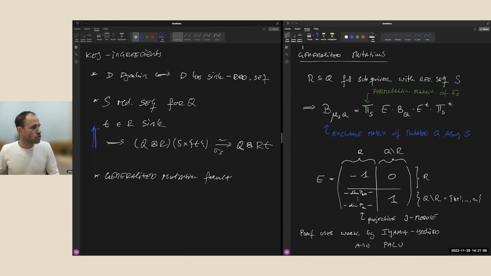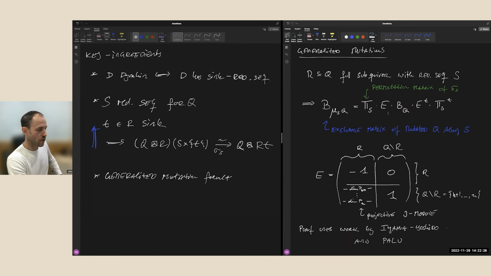So the generalized mutation rule looks as follows. We consider a quiver R, a full subquiver of a quiver Q with reddening sequence S. And then if B denotes the exchange matrix of the original quiver Q or the mutated quiver Q at the reddening sequence S of the subquiver R, then they have the following relation. The mutated matrix is obtained from the original matrix by, of course, we need to take care of the permutation somehow, but basically conjugating by E, where E is the following matrix.